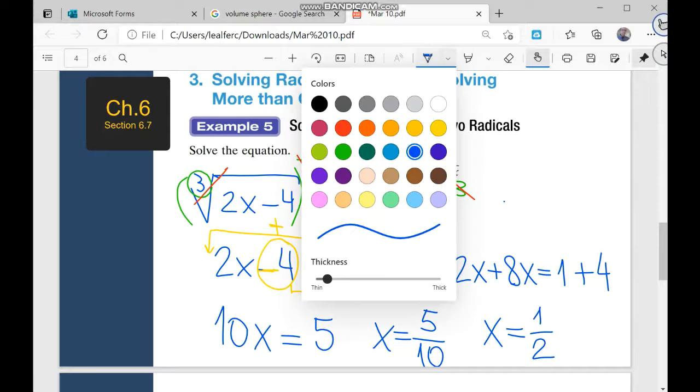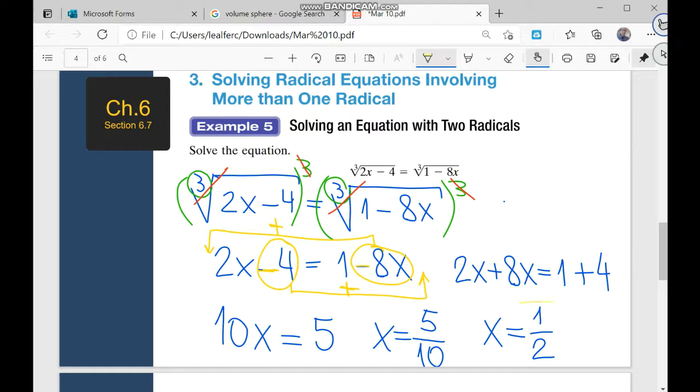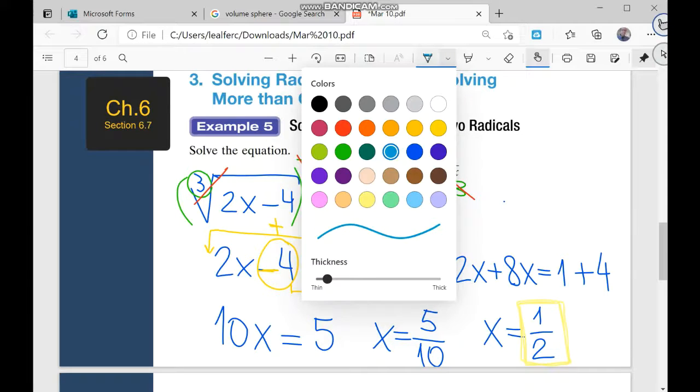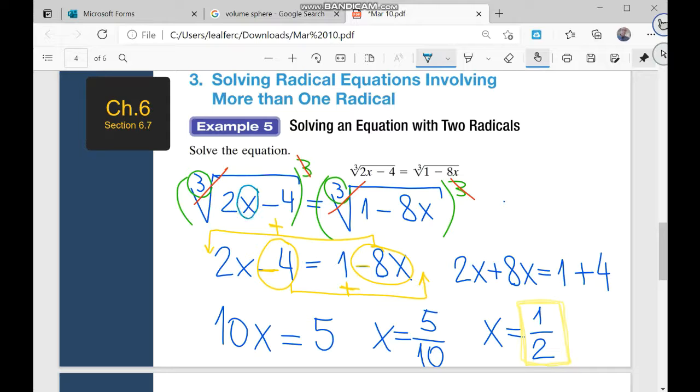That is the right answer. Well, it's supposed to be the right answer. Don't forget the last step, okay? The last step of the procedure: you have to plug 1 over 2, the answer you just found, into the original equation. So plug in 1 over 2 here and here, and then check if they produce a true statement.